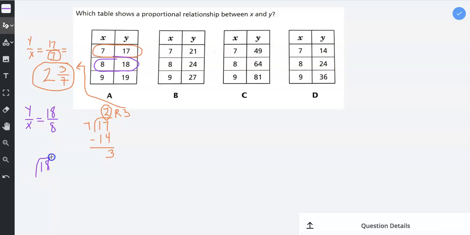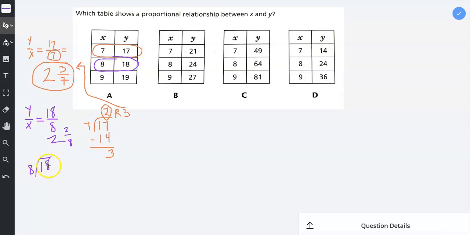Now you don't have to draw this. Some people just think 8 goes into 18 and they just write a big 2. And then they would say, all right, 8 times 2 is 16. The difference between 18 and 16 is 2. And they would just be able to write their mixed number, thinking it out loud instead of writing it as division. But if you want to, you can use division.